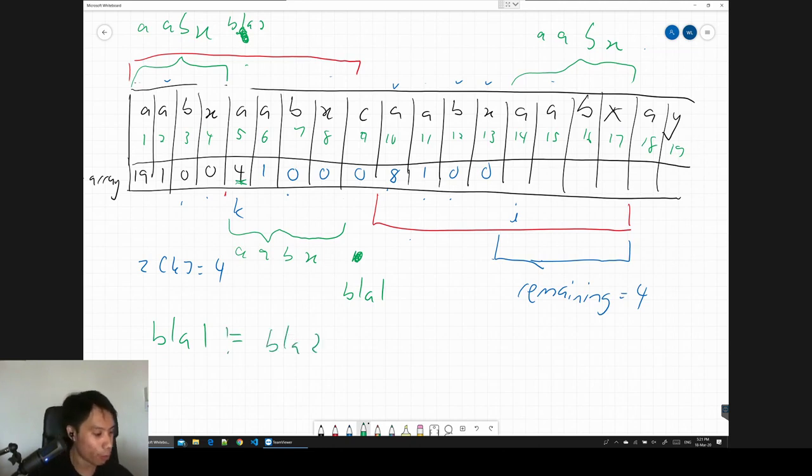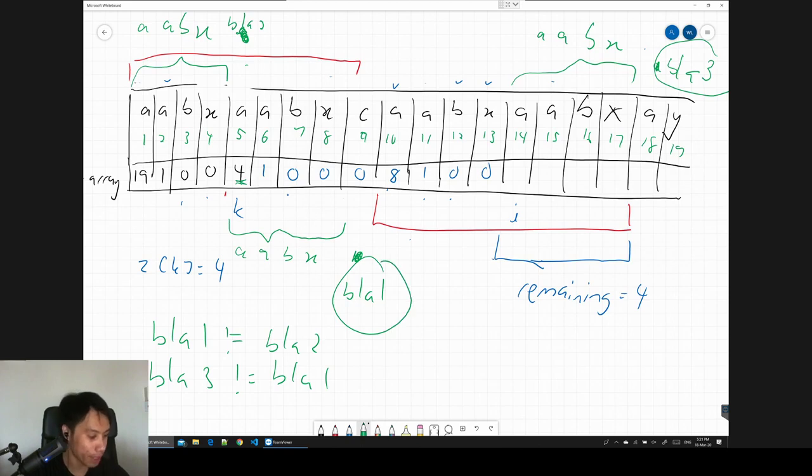Right? But what about blah 3? What I know is blah 3 is not the same as blah 1. Why? Because if blah 3 and blah 1 were the same, the number over here should be 9. Right? Because it only goes up to 8, because the next alphabet, which is blah 1, is not the same as the alphabet here.